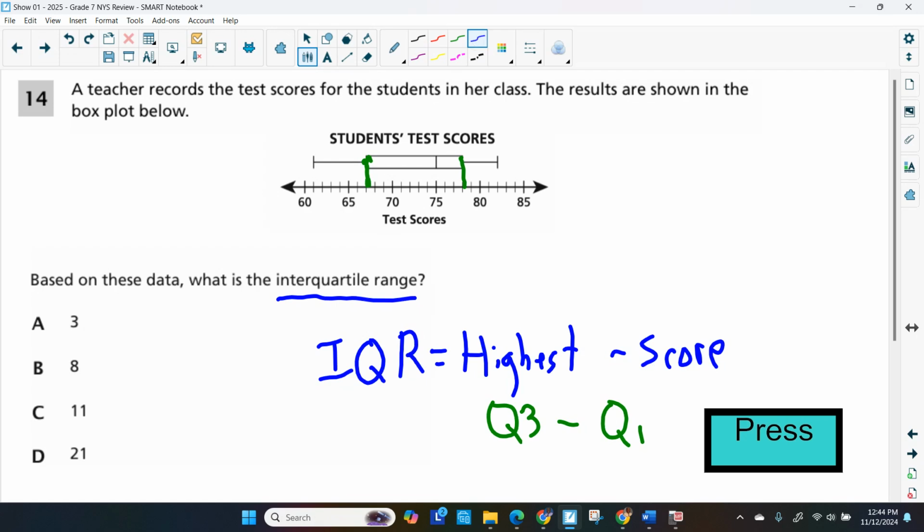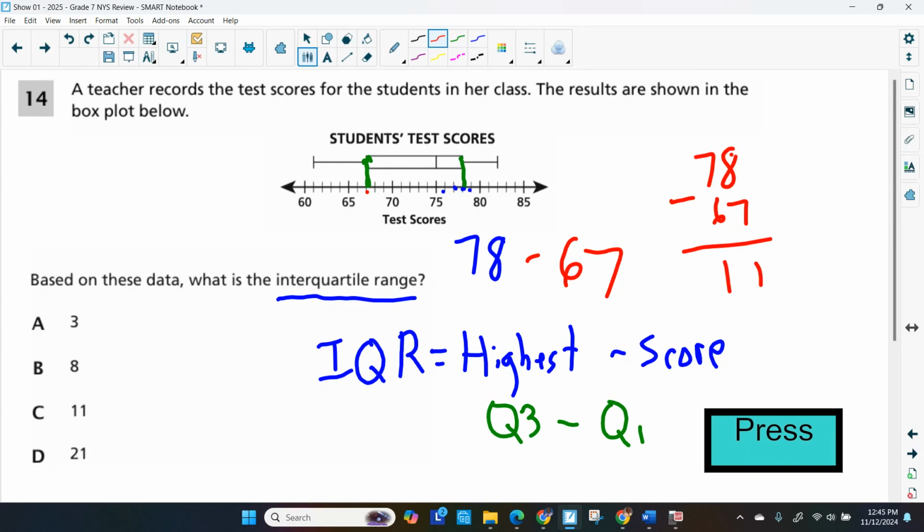So let's see some numbers here because I don't see any numbers. So this is 75, 76, 77, 78. So 78, and let's look at the other one, 65, 66, 67. So all we have to do is just subtract those two. So Q3 minus Q1, and that gives us 78 minus 67, 11.